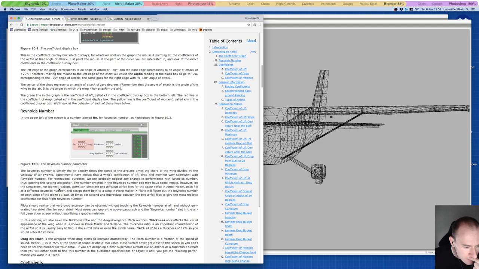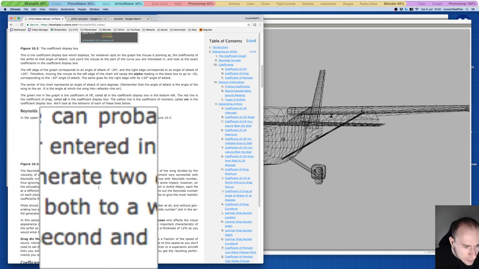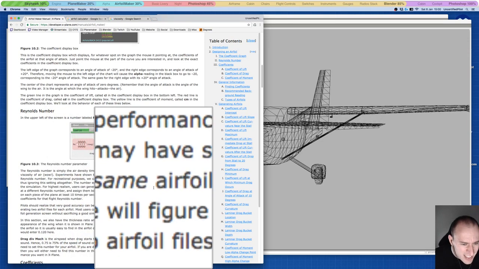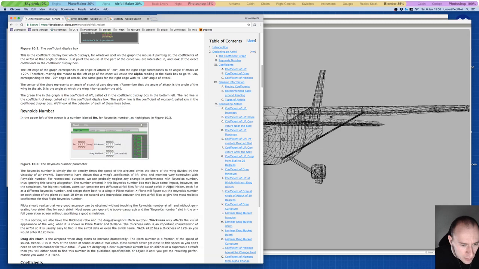Okay. For highest realism, users can generate two different airfoil files for the same airfoil in AirfoilMaker. Yes, that's the low and high number that we saw in PlaneMaker, I think.